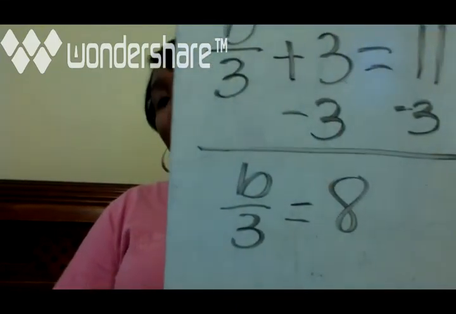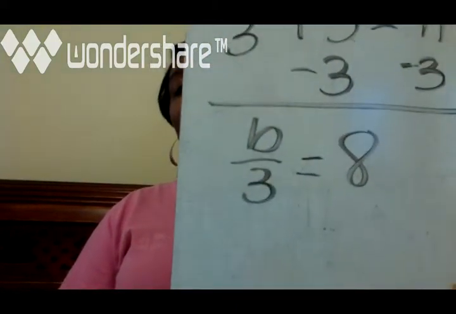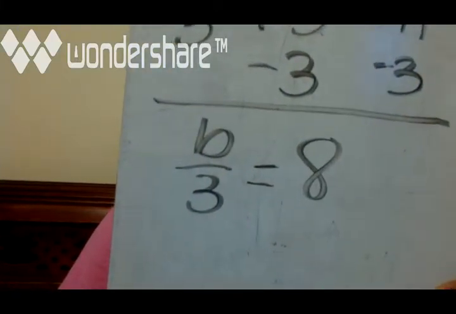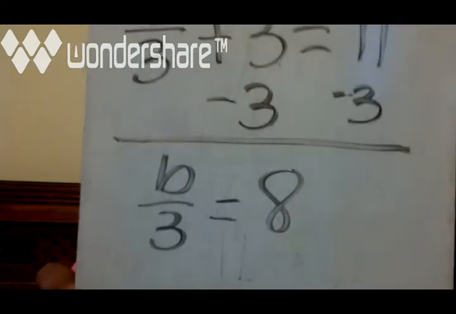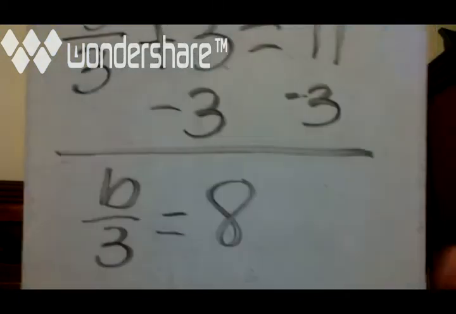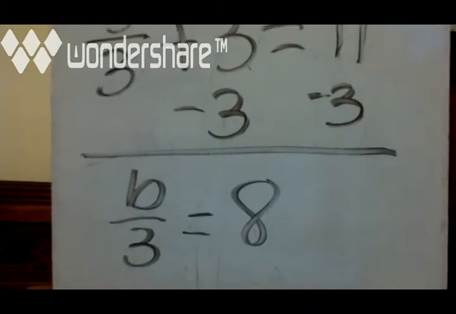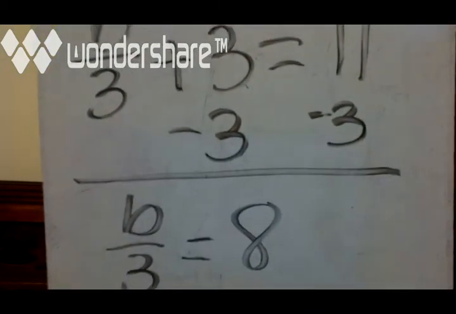And I have b divided by 3 equals 8. Again, this is a one-step equation. I said divided by. Remember, reading the equations is very important. It helps you understand what to do. So I'm going to do the opposite of division.